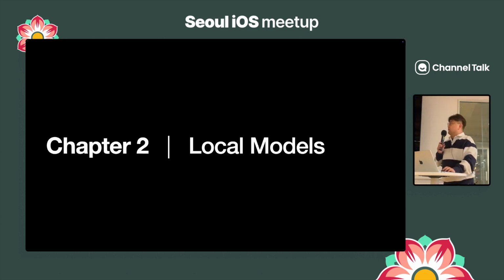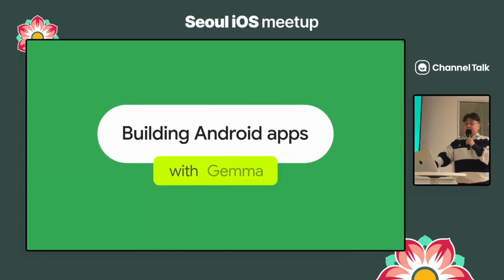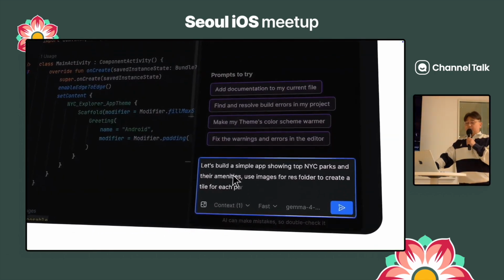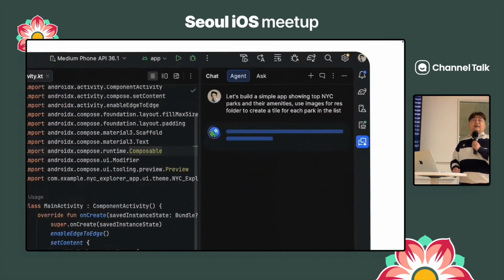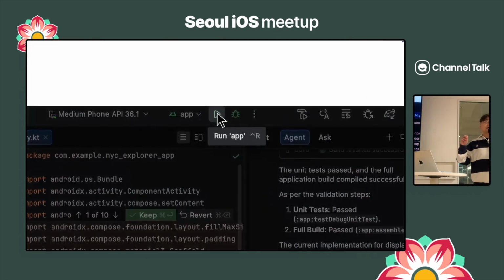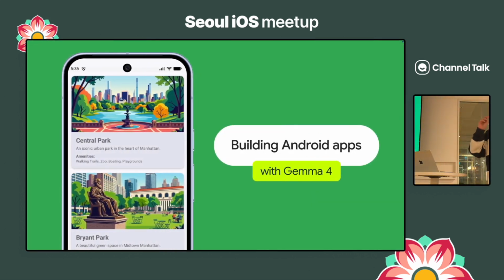So first of all, I considered local models. As you know, last week, Google announced new features for Android Studio. It will use Gemma 4, the local model. If you want to use Gemma 4 via LM Studio or Ollama, you can use it on your Mac.